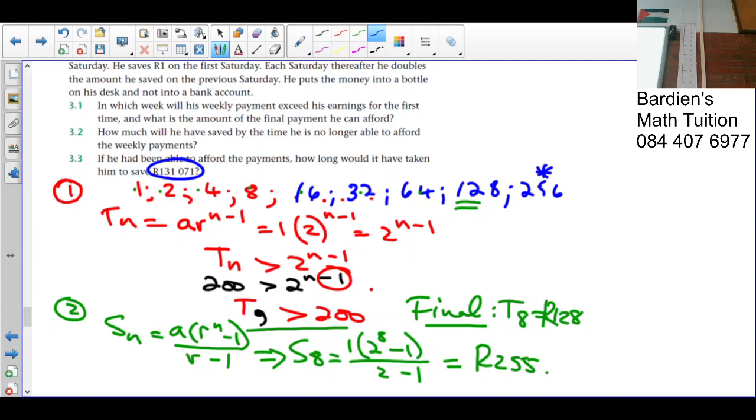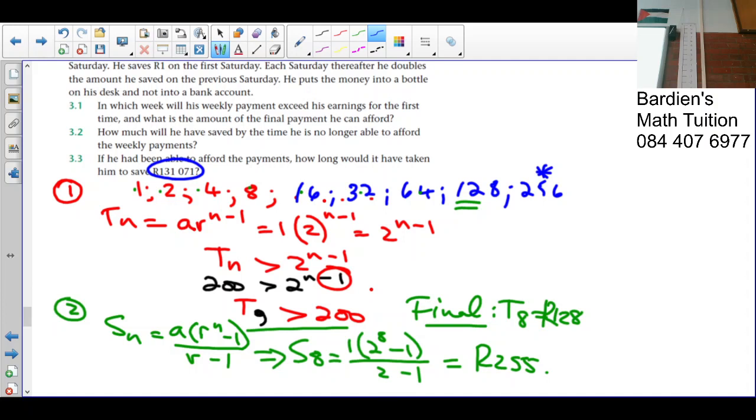Sn. Why Sn? Remember, this is the savings. Once you put it into the bottle, it gets accumulated. It gets added all the time. Not so? So in other words, that is an Sn value here, and not a Tn value.